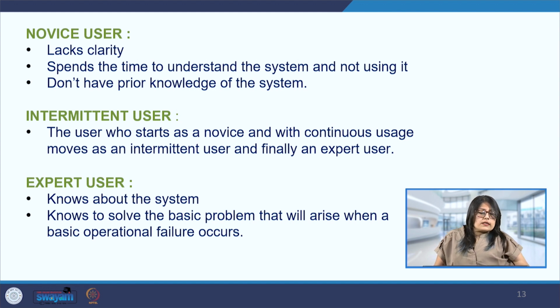The second is the intermittent user. So they are generally users who have used the system somewhat, who are familiar with the system, and they may have a basic understanding of how it works, but they may not be fully familiar with all the functions of the system. So they may also forget how to perform certain tasks because they may not be using the system on a daily basis or a regular basis.